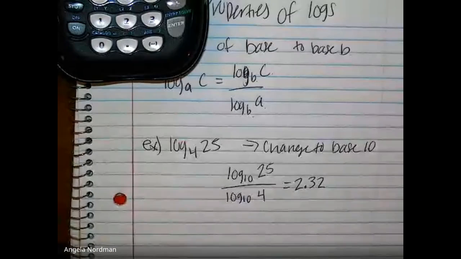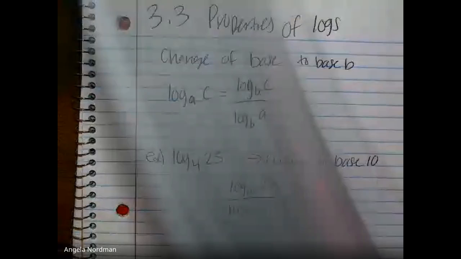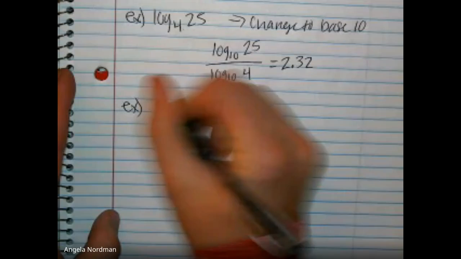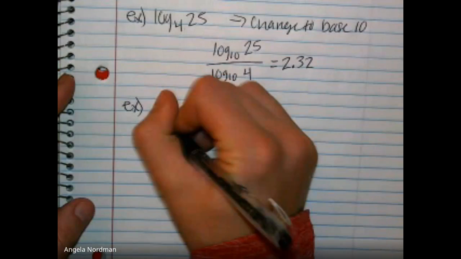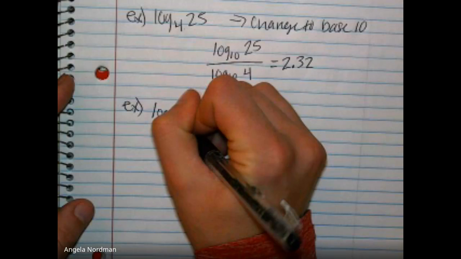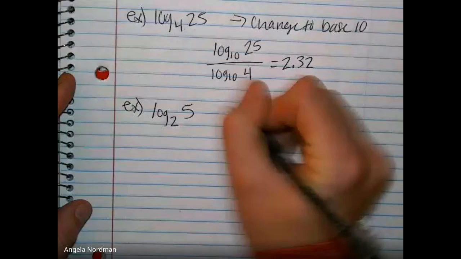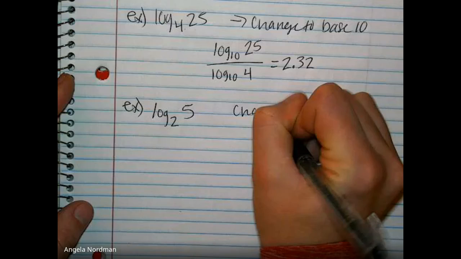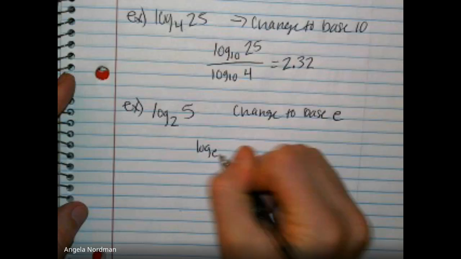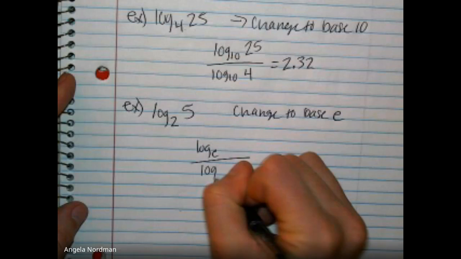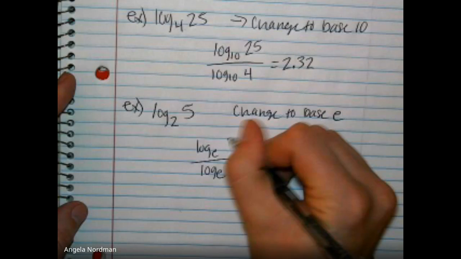I also want to reiterate that this is true if we want to change to base E. Say we want to get out of normal log and we want to change to natural log. So let's take this exact same, let's do log base 2 of 5 and say I want to change to base E. Again, log base E over log base E. 5 goes on top, 2 goes on bottom.